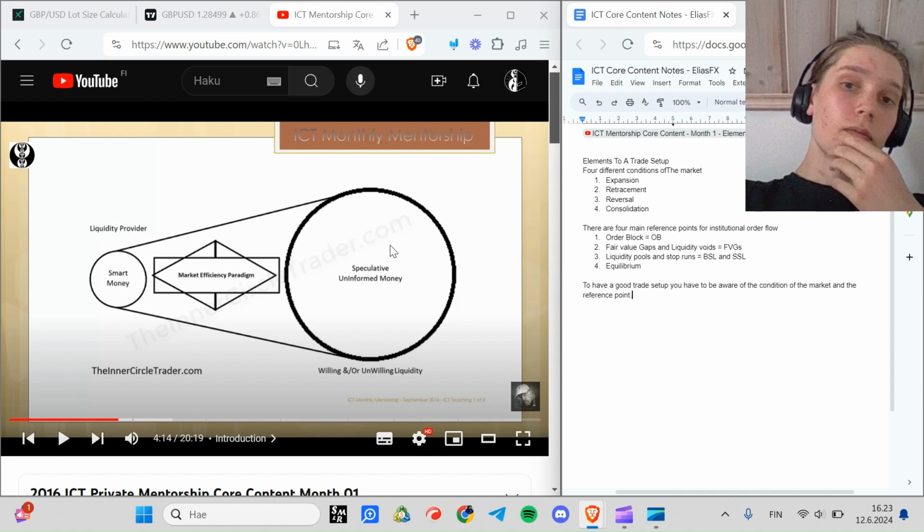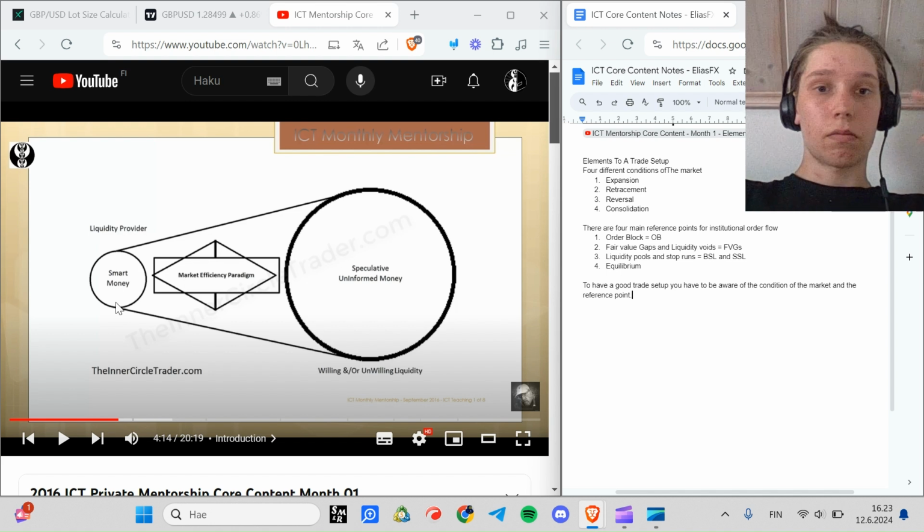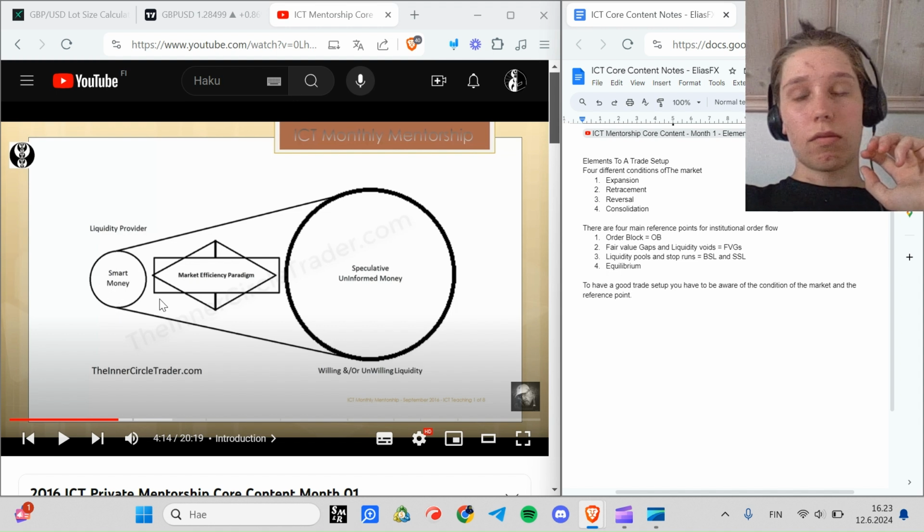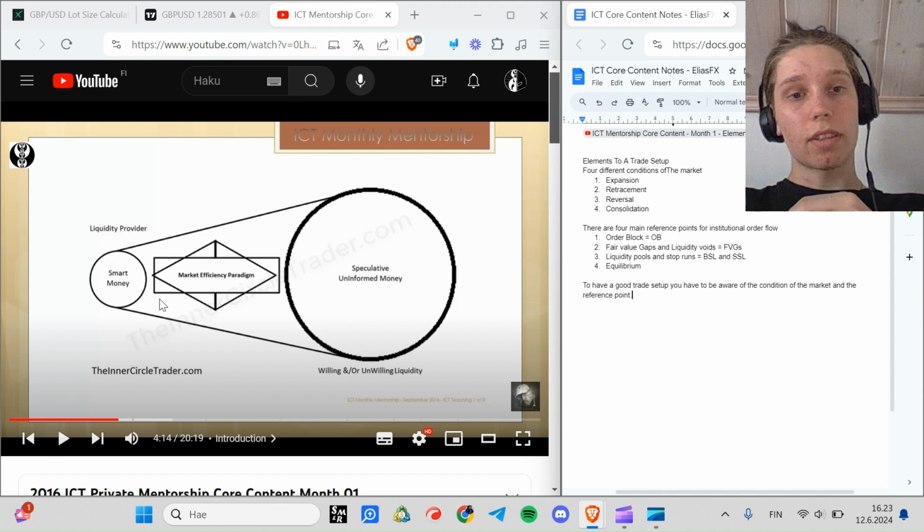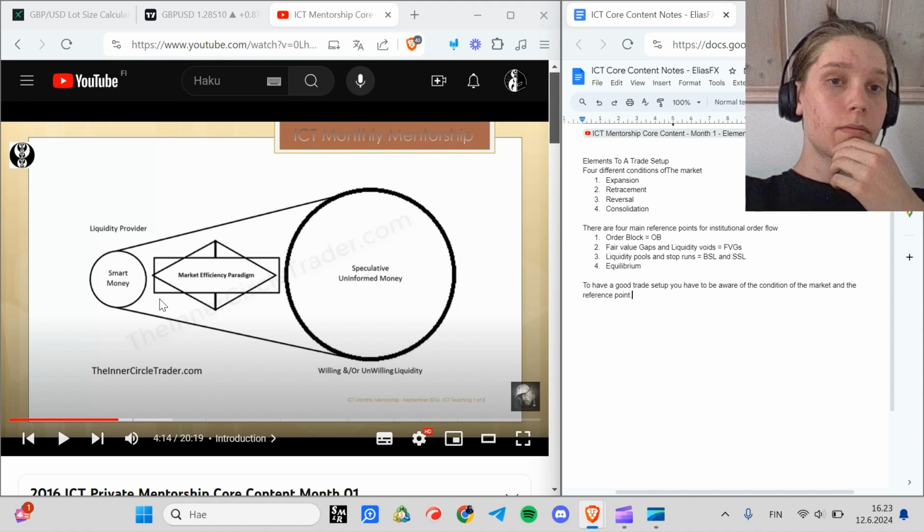There you go. And now he's talking about how smart money works and what the market efficiency paradigm is.